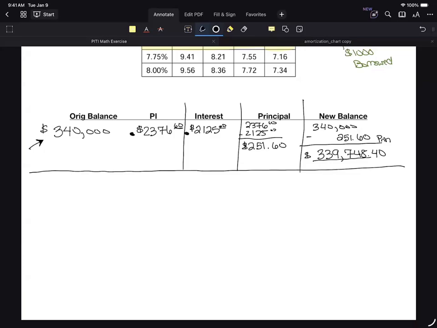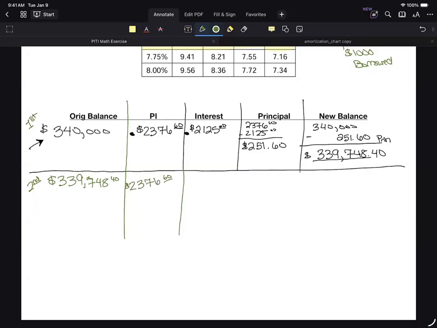Okay. Well, let's do this again. That was your first payment. The second time you make a payment, do you still owe the bank $340,000? No, you owe the $339,748.40. And you know that you have a principal and interest payment. The thing we know about principal and interest payments is they never change.